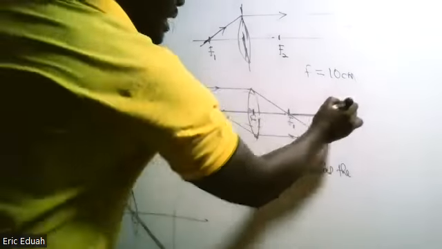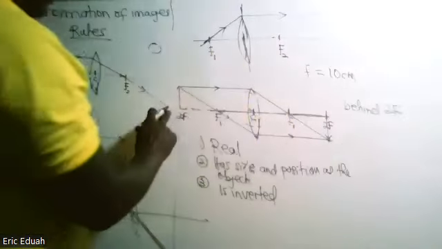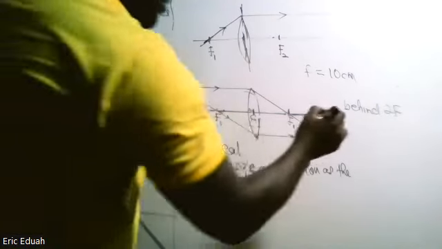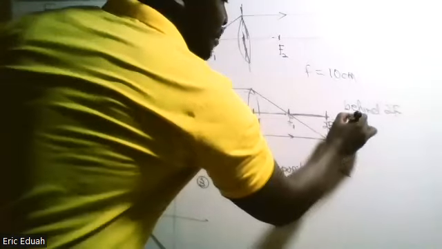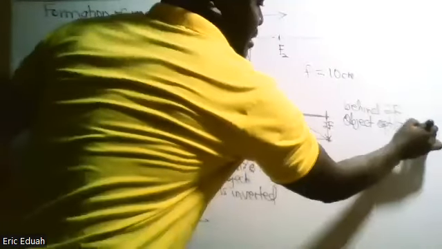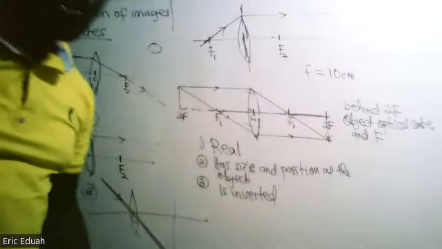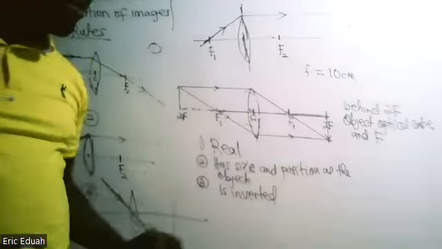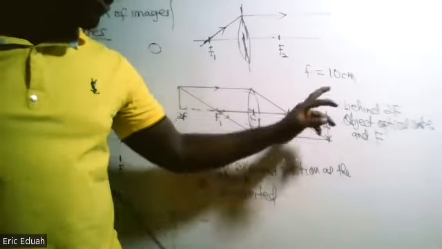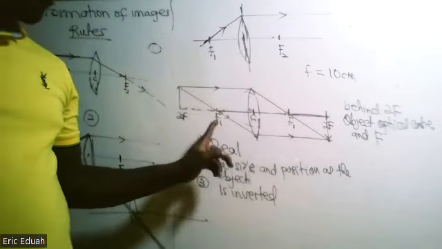You are going to place the object behind 2F, behind the center of curvature, and then place the object between the optical center C and F. You are going to use a ray diagram to describe the nature of the image formed when you place the object at these two different positions: behind 2F, and between the optical center and the first focal point.